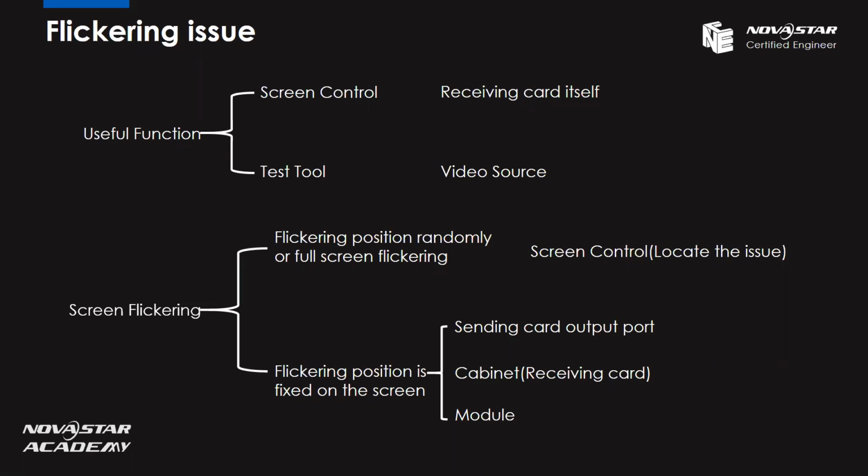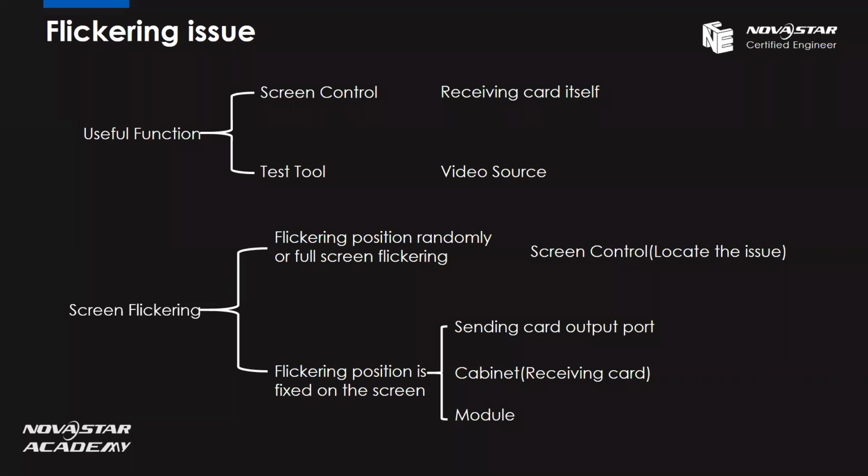And for screen flickering, actually there are two situations. First is the flickering position is random, or the full screen is flickering. And we can use screen control to locate this issue. And the second situation is the flickering position is fixed on the screen.